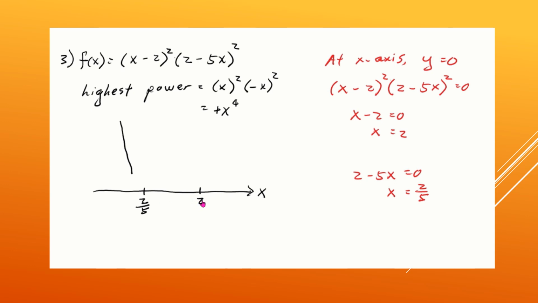Also at 2, the power of the factor is 2, so this point is also a turning point. So we continue the sketching, and at this point we turn because it is a turning point. Then since this is also a turning point, we need to turn the graph up. So finally that is the graph of this function.